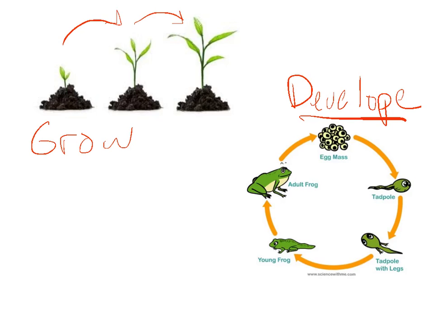So we'll see changes from eggs to tadpoles with legs, to young frogs, and then they'll lose their tail and become adult frogs. This is developing. This is going through changes over time. Like a caterpillar going into a moth or a butterfly, a frog going from a tadpole to a frog. This is development, where growth is just getting bigger and adding mass. So this is the third one we're talking about.